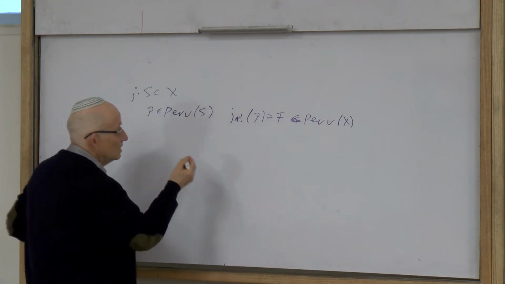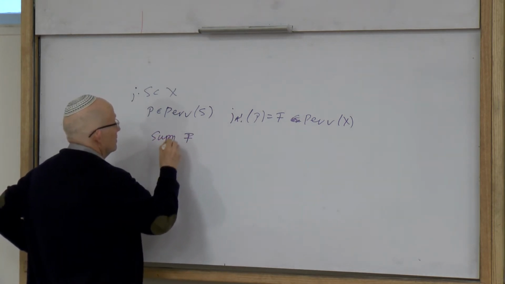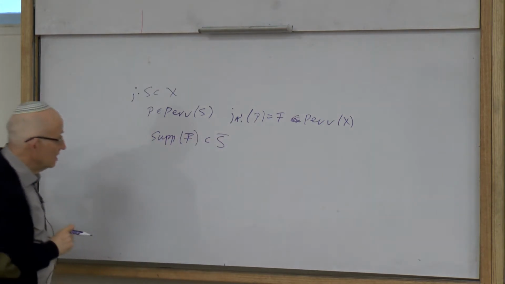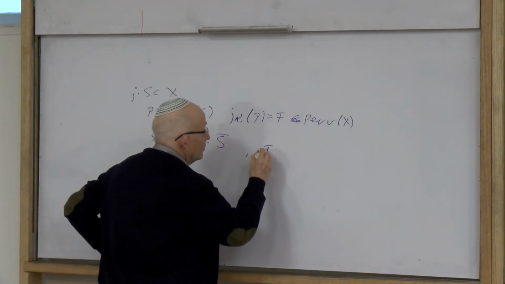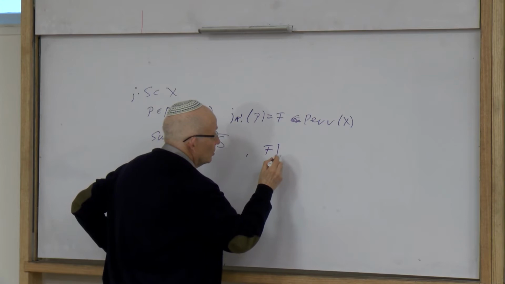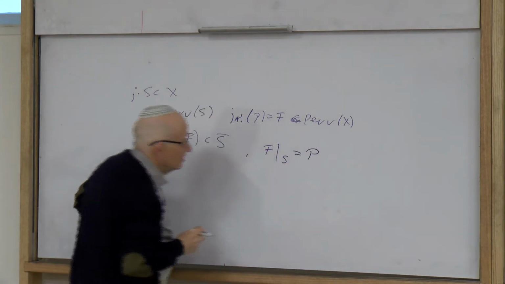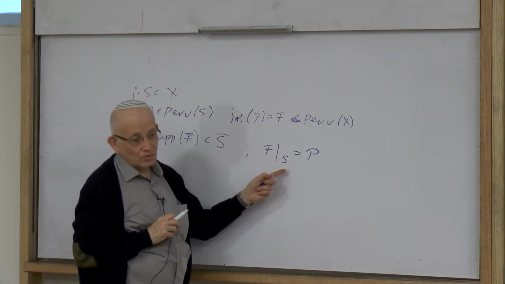What is clear about F is that the support of F lies in the closure of S. Now F restricted to S is equal to P. Here, what does it mean, F restricted to S?